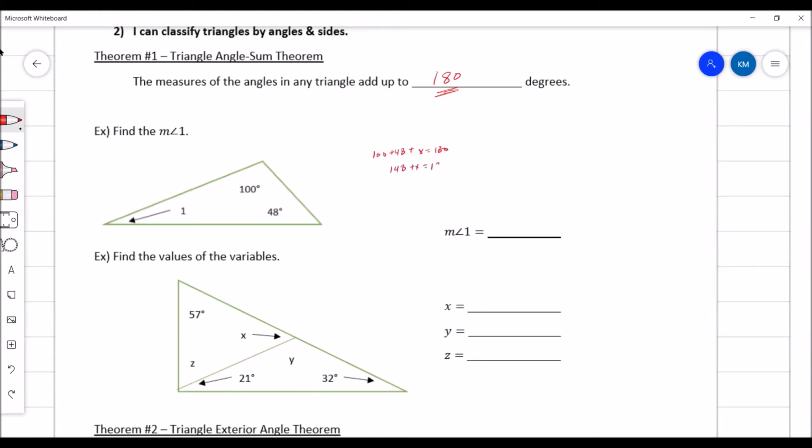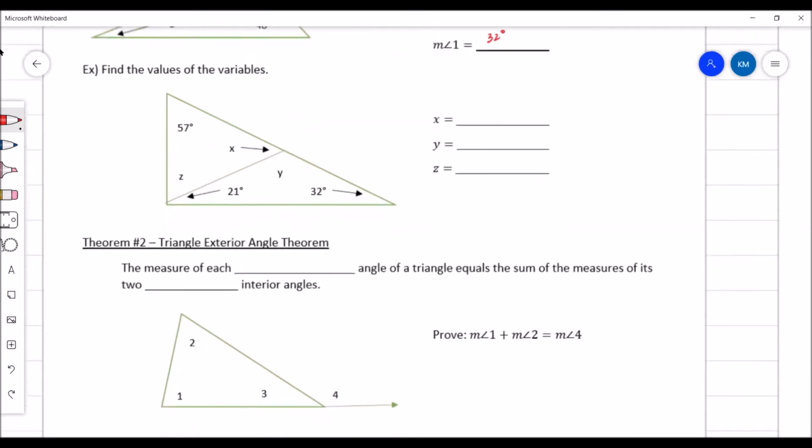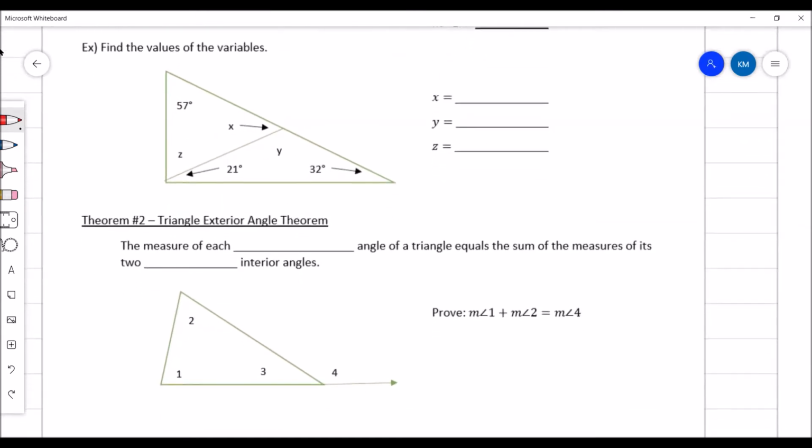So subtract 148 from both sides, and we find out that x must be 32 degrees. Pretty simple. Let's look at a little bit more involved problem.